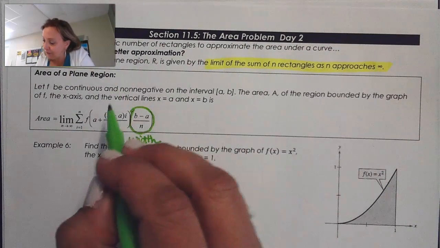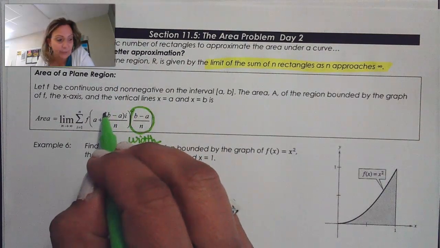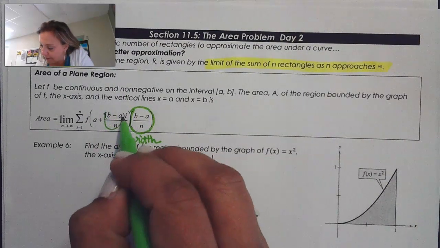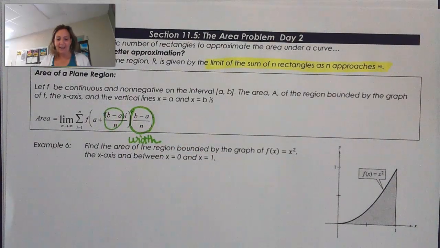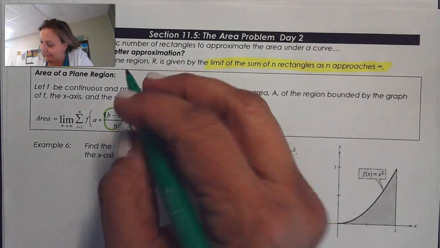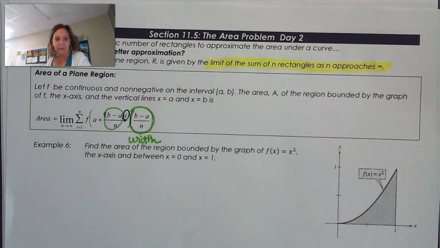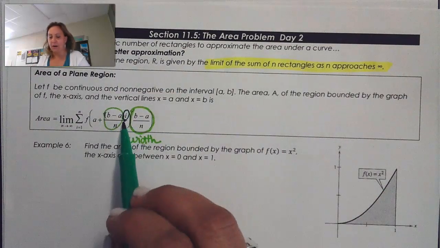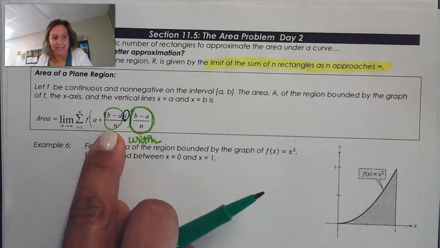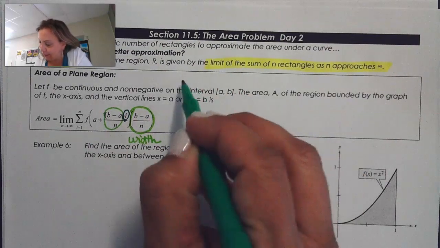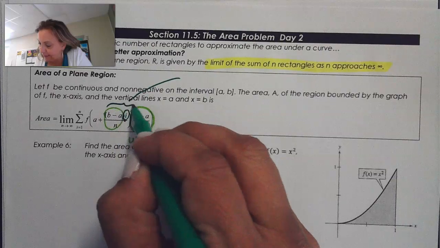And so then the other thing that we had yesterday is that here we have the width of the rectangle, and then we have that times a specific number of rectangles, right? So this is basically the width times i. That's what this part is equal to.